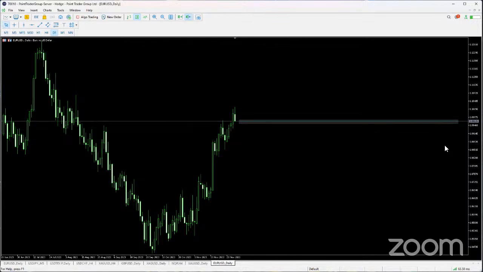Then from this point, from the current candle that is operating right now, you go a little bit downwards to catch levels that could be found below or above.